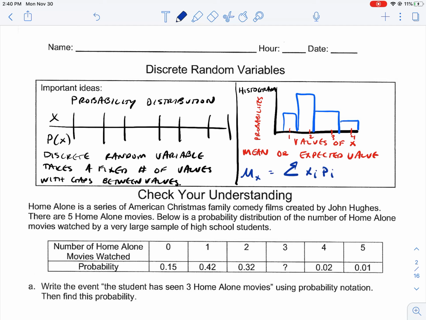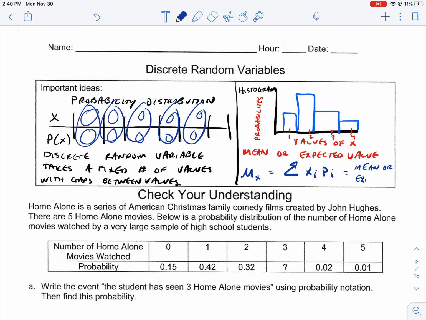So you take a given X value times your probability of X, add that to the product, add that to the product, and it's going to equal your mean or your expected value. And really, this is more of a weighted average because it takes into account how often each of those outcomes, or those X's, came out.